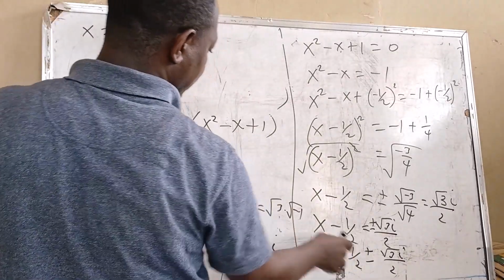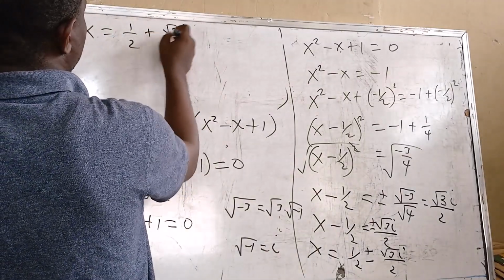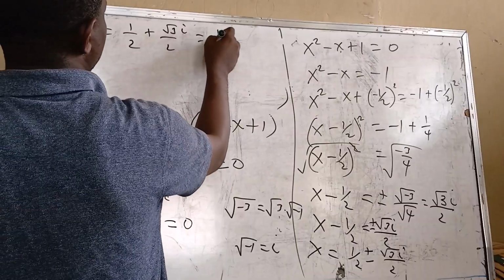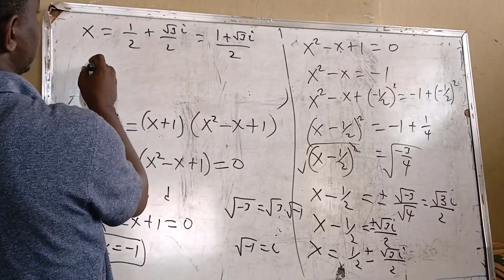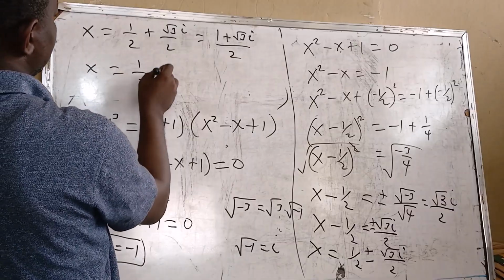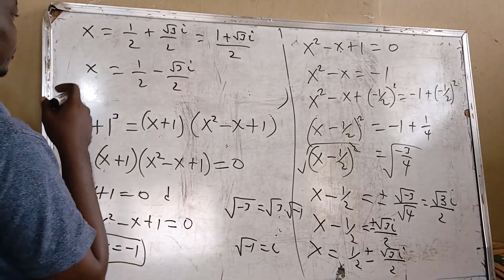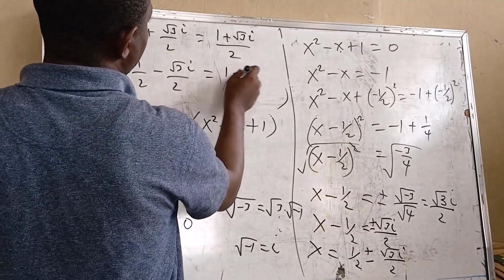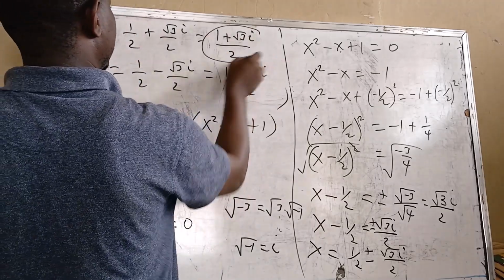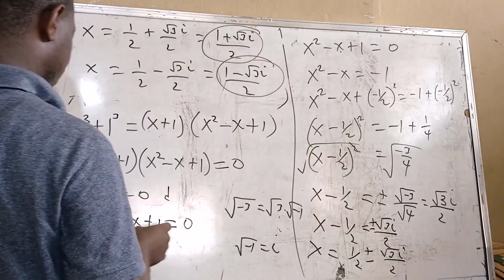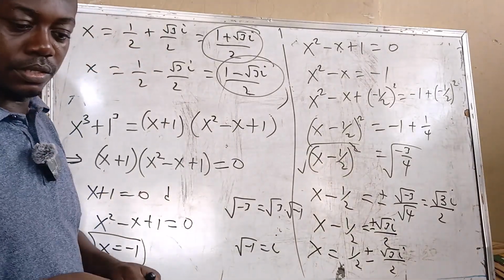So if this is plus, that will be 1 plus square root of 3i on 2. And then the other one will be minus. Okay. So we have 1 minus square root of 3i on 2. So we have 1, 2, then 3. We have 3 solutions. Okay.